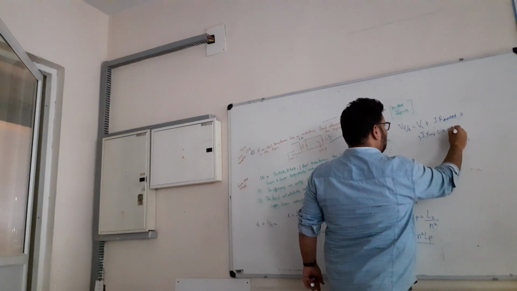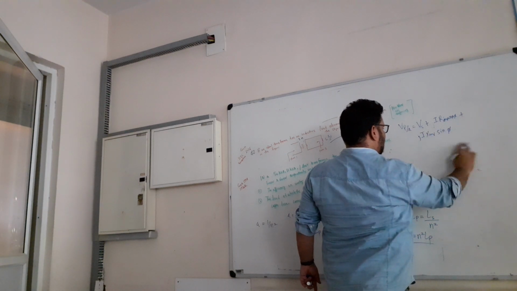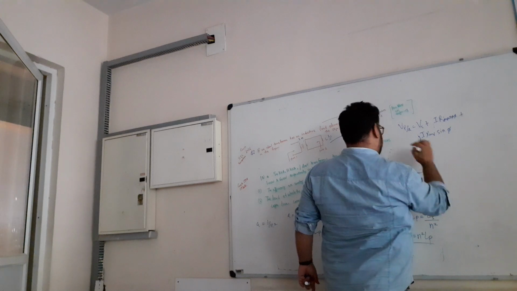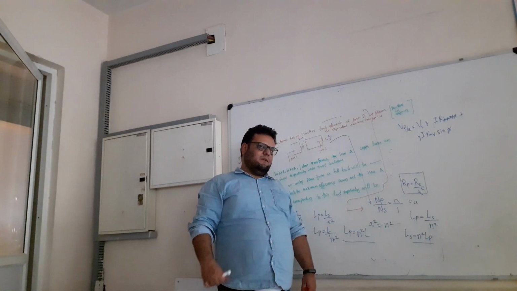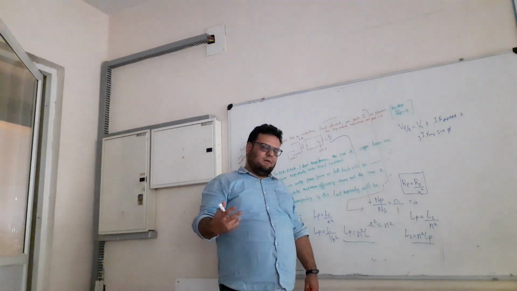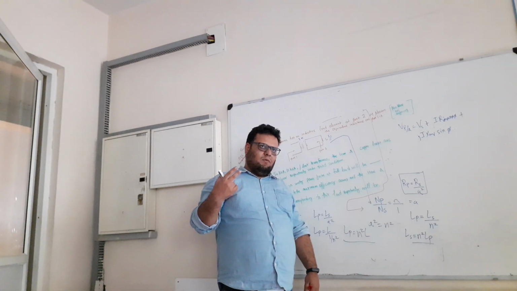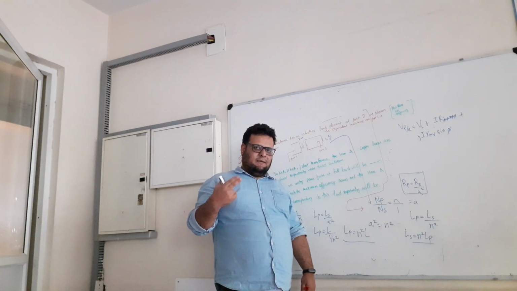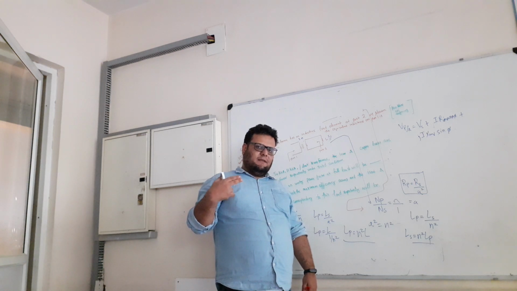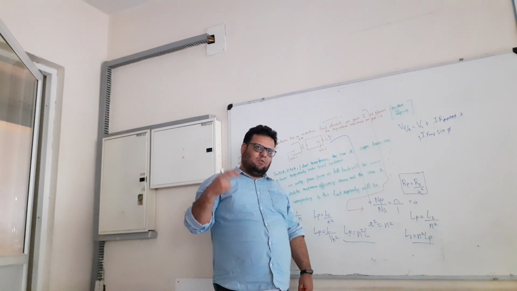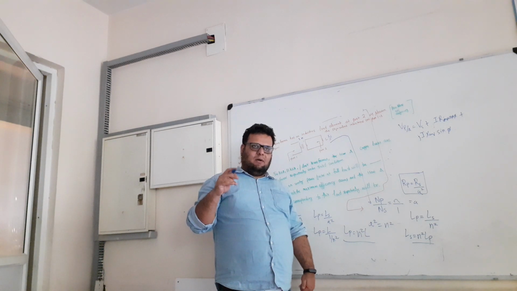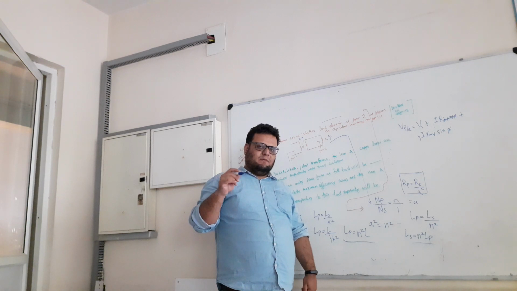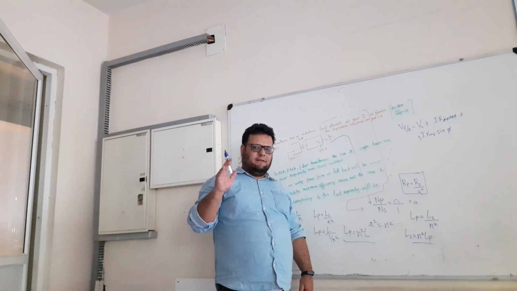So these are the terms involved here. One important thing is that you have to consider what would be your percentage regulation for lagging power factor load and for leading power factor load. For lagging power factor load, you have seen that your percentage voltage regulation is always positive. For leading power factor load, it can be positive, negative, or 0 also, and it would be 0 at a leading power factor of 1045 degrees.